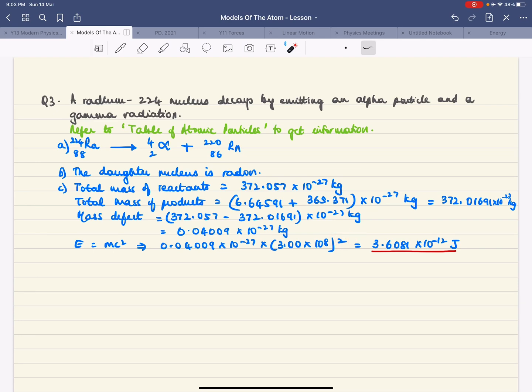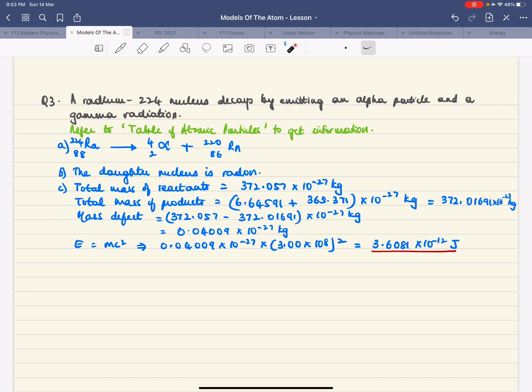So what I've done in my calculator, and I'll just say it, I put 0.04009 exponent negative 27 times, now I know 3 squared is 9, so I just go times 9, and then I did exponent 16. The reason why I did 16 is 10 to the power of 8 squared is 10 to the power of 16.